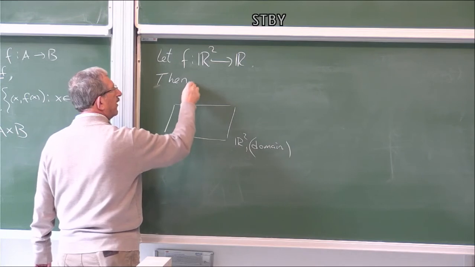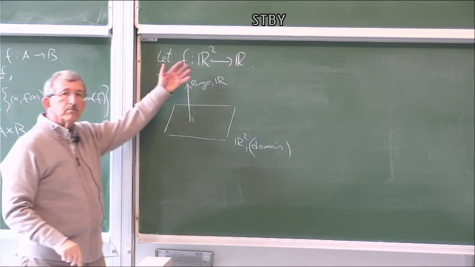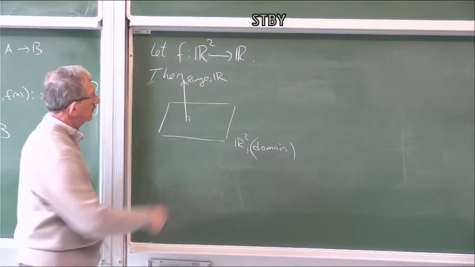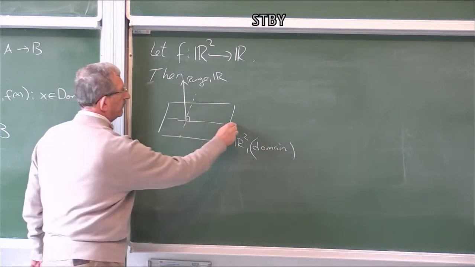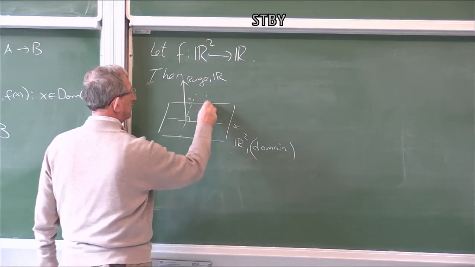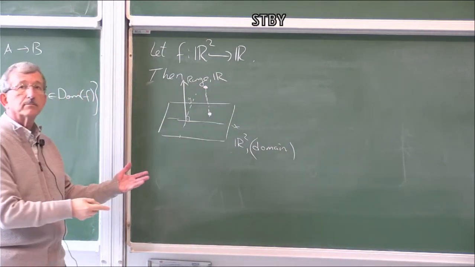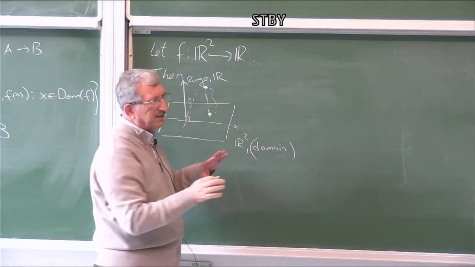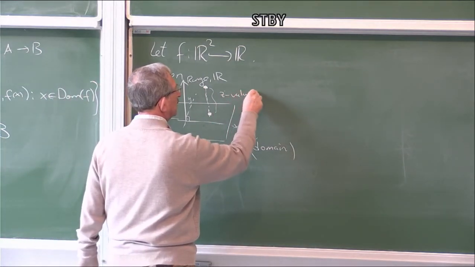That's the range, R. Now, the function says that for every point in here, on top of it, say these are x's and y's, for every point here, on top of that, we have a height, that is the z value. So this height is, not as a distance, it can be negative, but that's the z value, is f of xy.